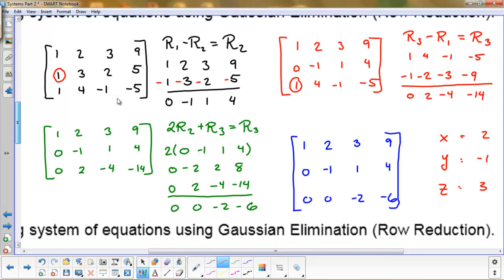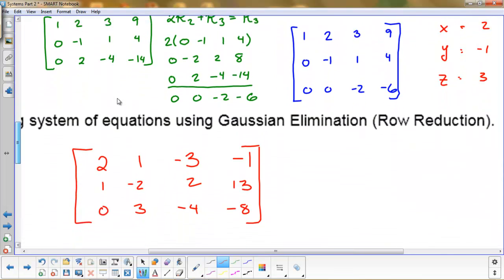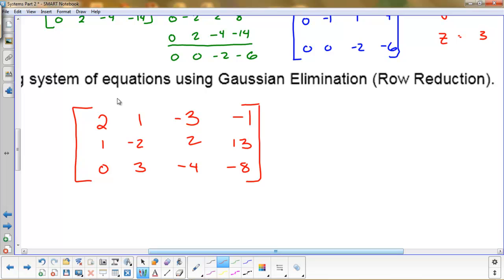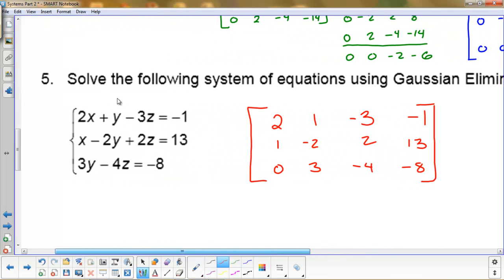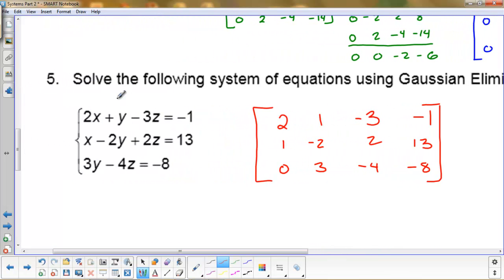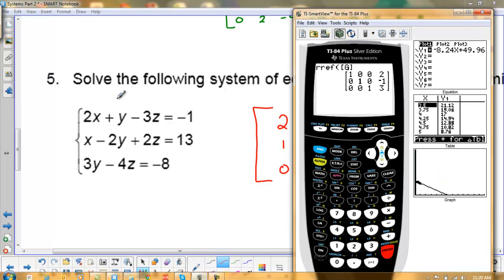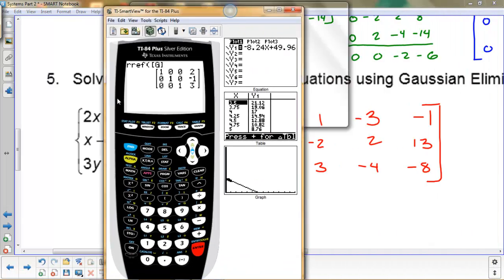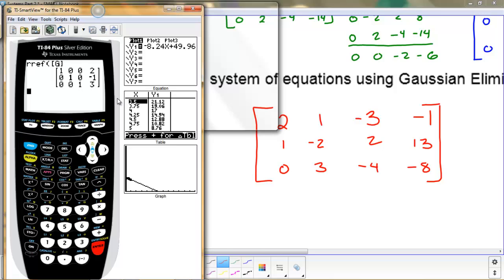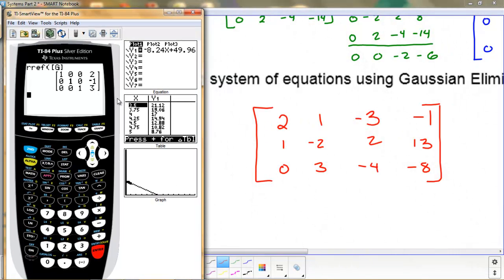All right, finally, what we're going to do here is we're going to take a look at systems of equations, specifically utilizing the reduced row echelon format of the calculator. So I'll bring back up my calculator and we'll go through these steps one more time. You need to write your augmented matrix, so that's what I've done here.